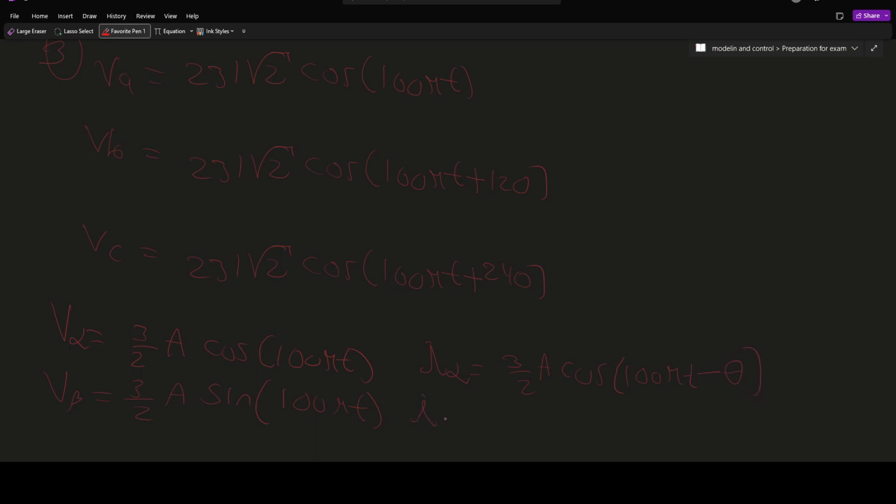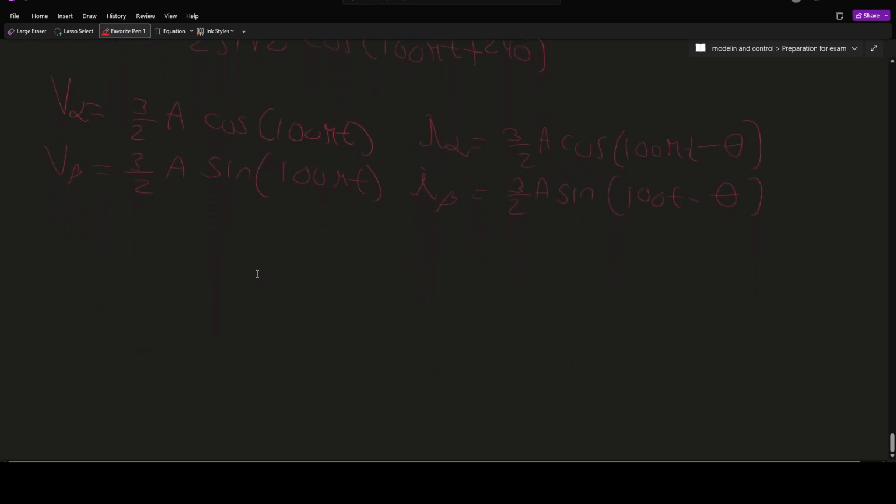And here again, for beta, it's going to be 3/2 the amplitude, sine 100 pi t minus an angle theta. Okay. So now we can just plug this in and calculate it.